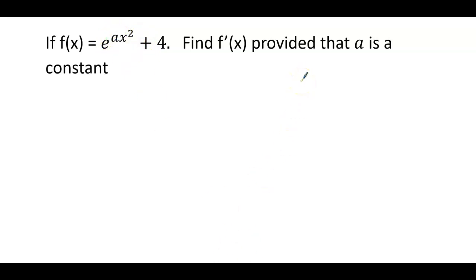So here we go. When you're doing the derivative of this function here, the outside function is the e function. So let me write that. We have e to a power, right? So that's my outside function. You can also include the plus 4 as part of the outside function. But the inside function is this ax squared.